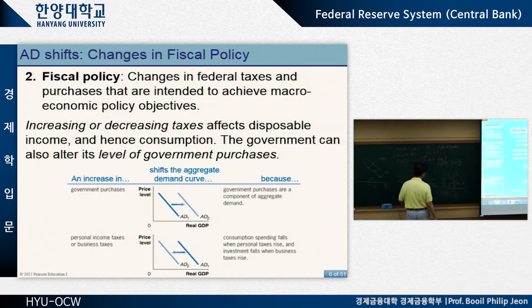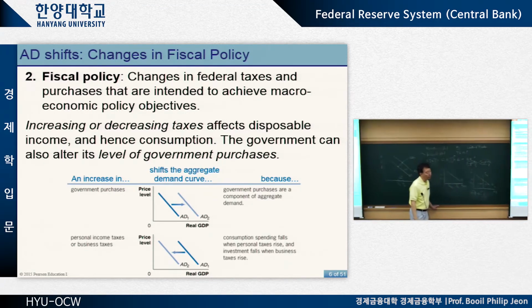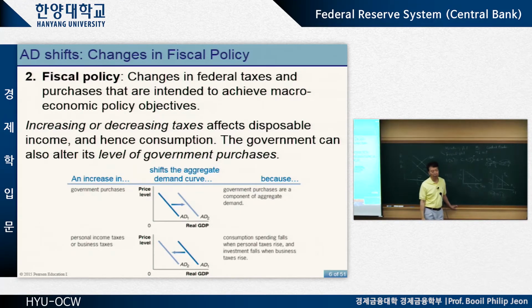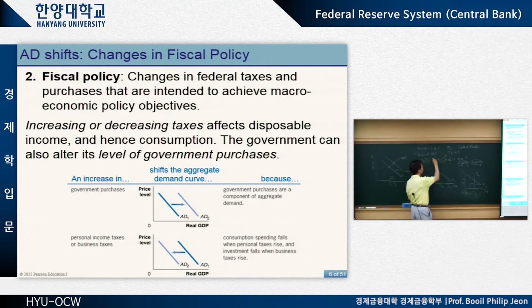What happens if you cut the taxes? Well, if you lower the taxes, first of all, the households will have more money left in their pocket, in their account to consume, right? So they can spend more on consumption, so the consumption demand will increase.